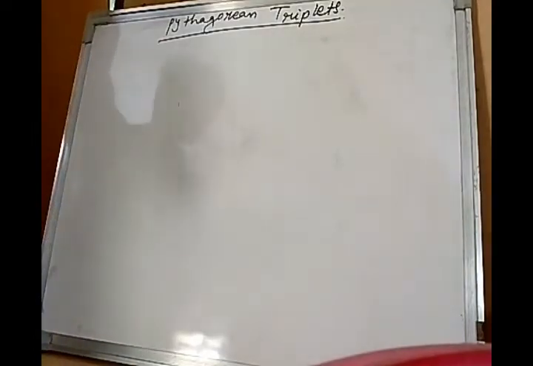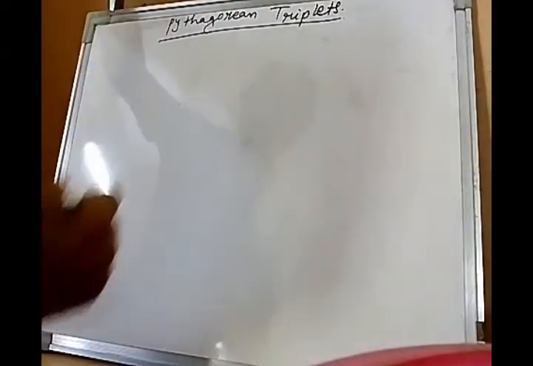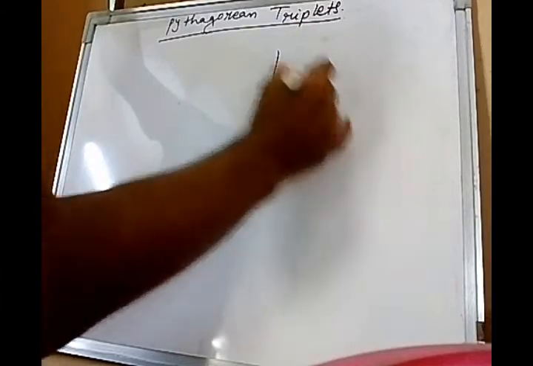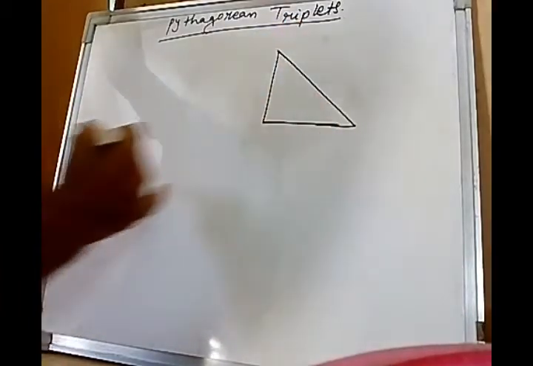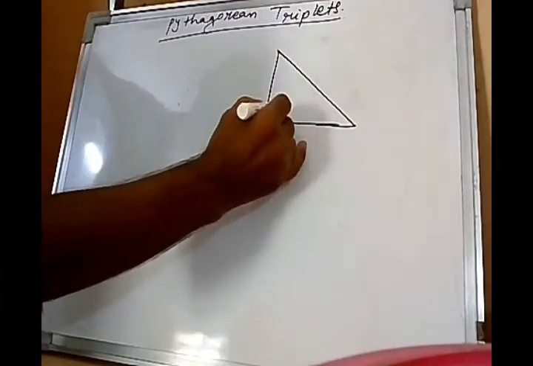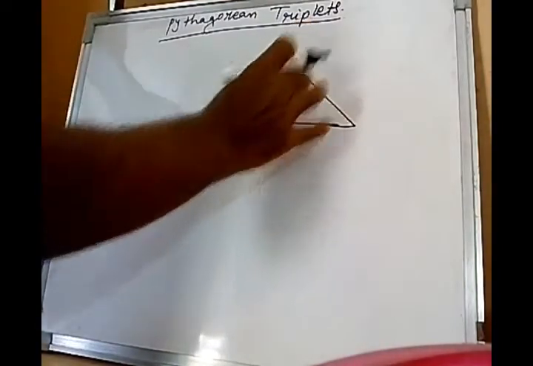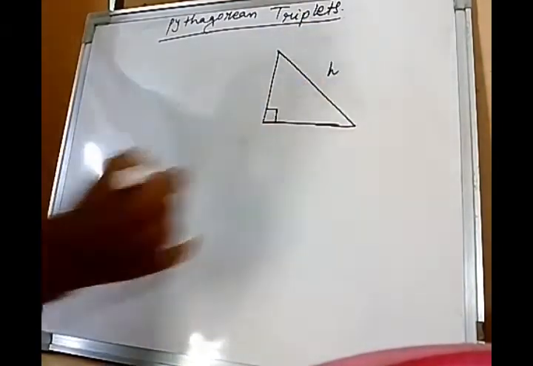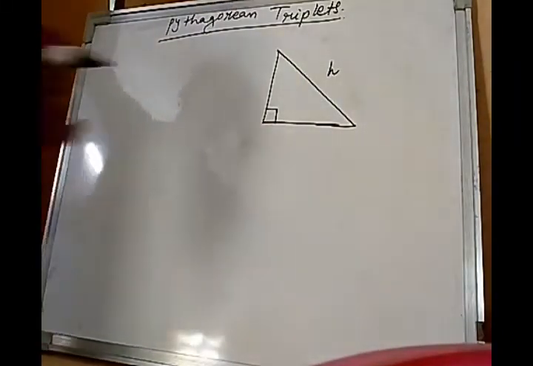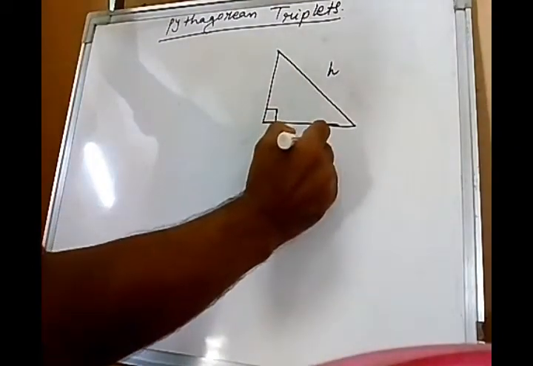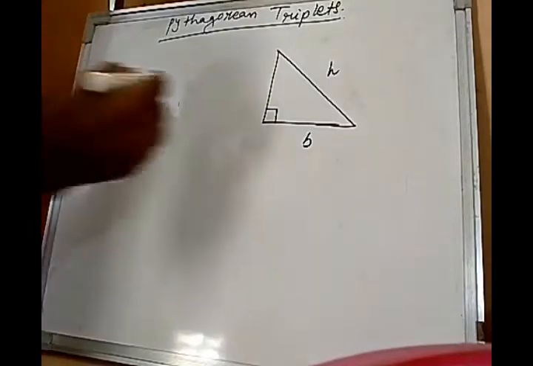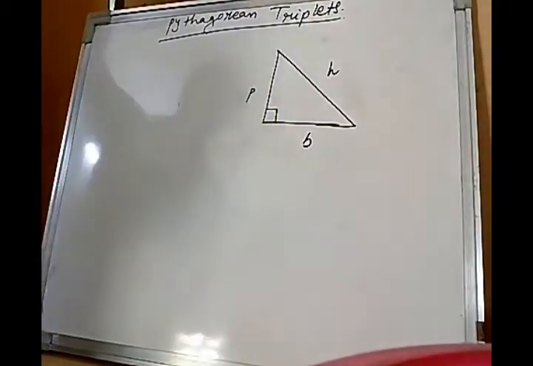In earlier classes we have also studied that Pythagoras theorem says, in a right angle triangle, this angle is a right angle, it means 90 degrees. The opposite side of the right angle is called the hypotenuse, so we can write H. Then this is called the base, that is B, and this one is called P, that is perpendicular.